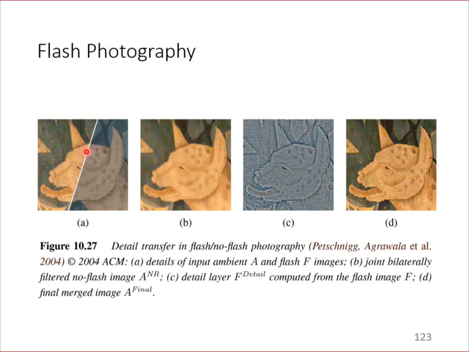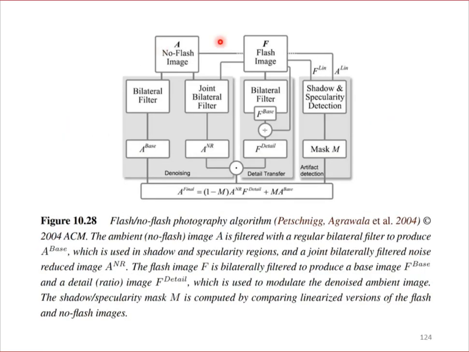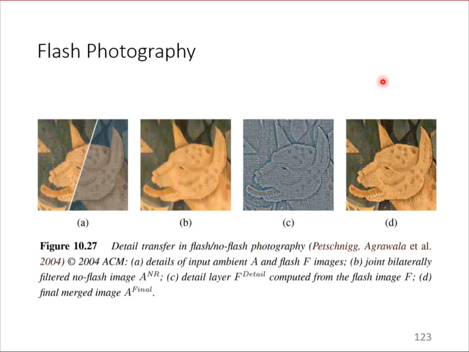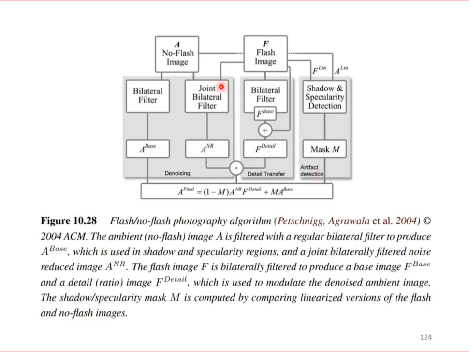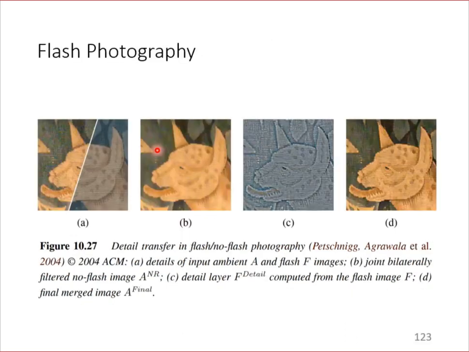So how do they do it? This is their algorithm. This is a non-flash image, and this is the flash image. They apply a bilateral filter here to generate an image full of detail, like this one. They preserve the edge. And for the non-flash image, they also apply a bilateral filter here. Again, they will generate the base image.